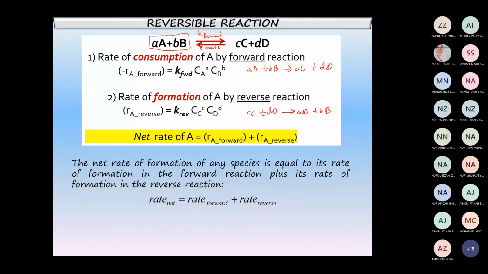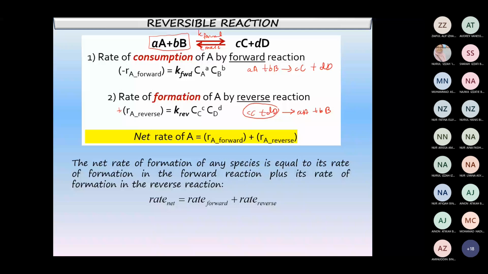Now these become the reactants. Just now, for forward, C and D were products. Now in the reverse direction, they become reactants. So the rate of reaction should be r_A reverse. This is formation, so it should be positive. So the difference is the sign here.